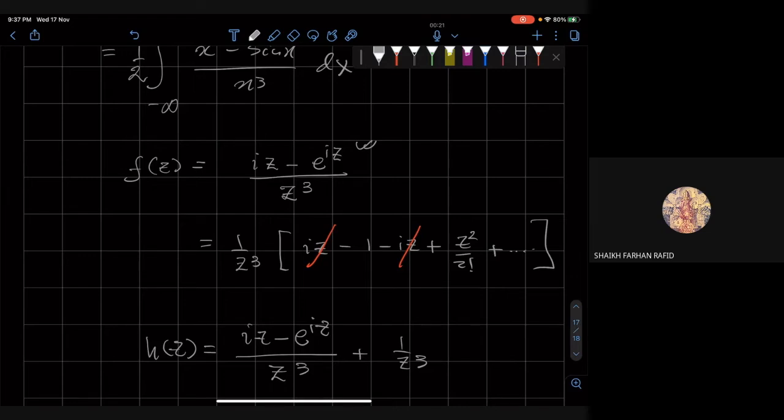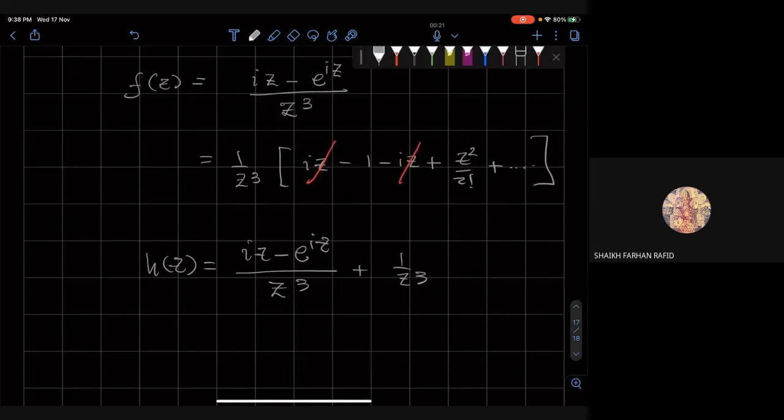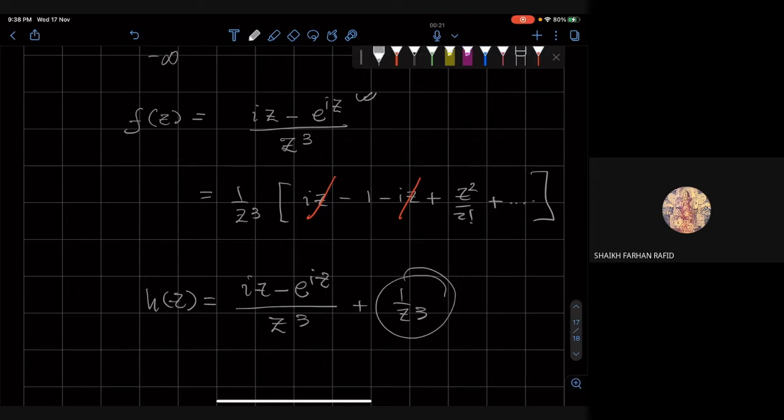Okay, 1 over z cubed. Then we see that this part will cancel this part, and we'll be left with a simple pole.